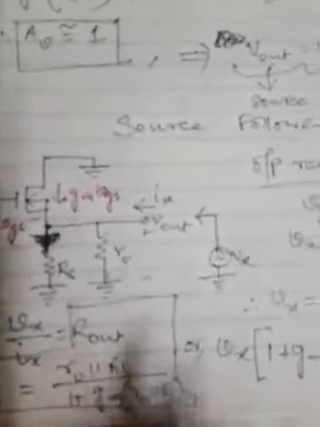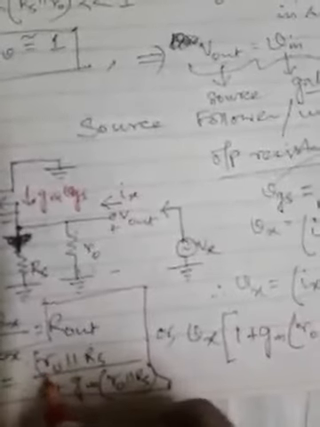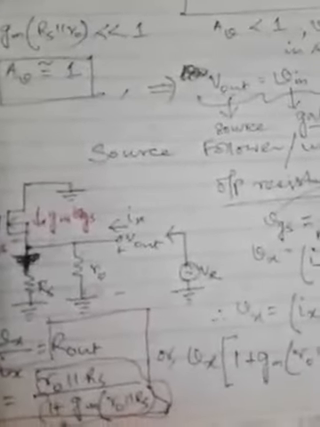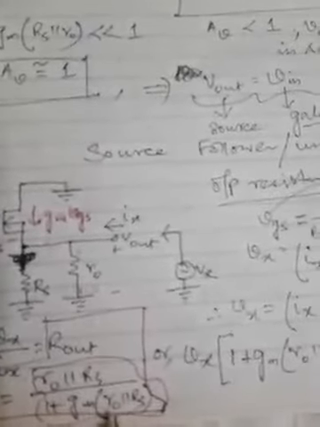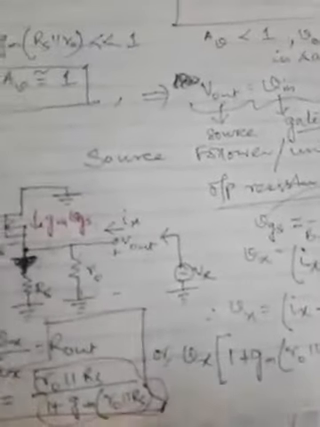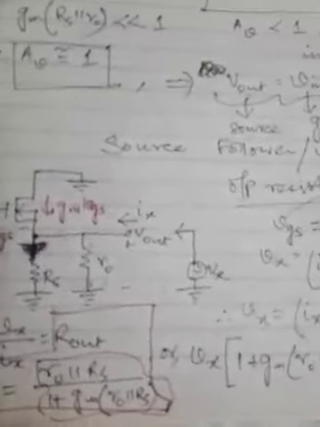If you compare this expression with the other boxed expression, we find that this Rout, which is Rs parallel Ro divided by 1 plus gm into Rs parallel Ro, is nothing but AV.